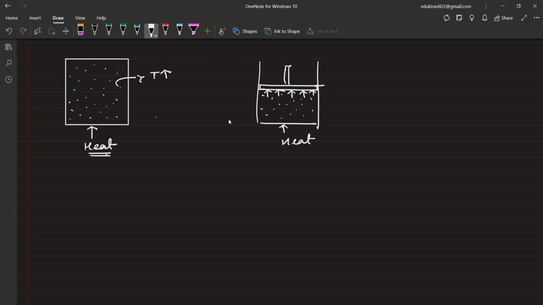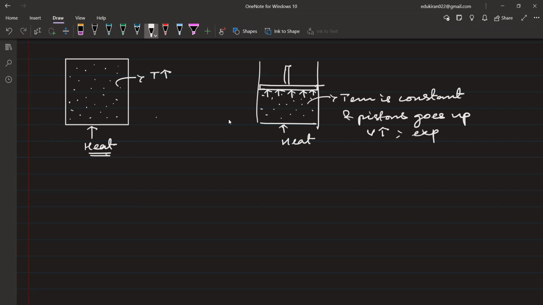So what is happening? Their temperature is not increasing. Their energy is increasing, and they are using the same energy to lift the piston up. If they are lifting the piston up, the temperature is going to be constant. And if the piston goes up, that means there is an increase in volume, that means there is an expansion. And the temperature is constant, and that is why it is isothermal.